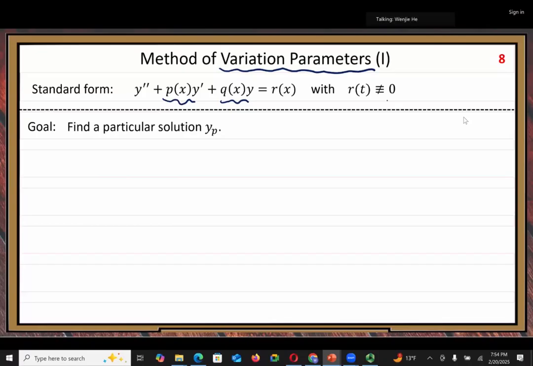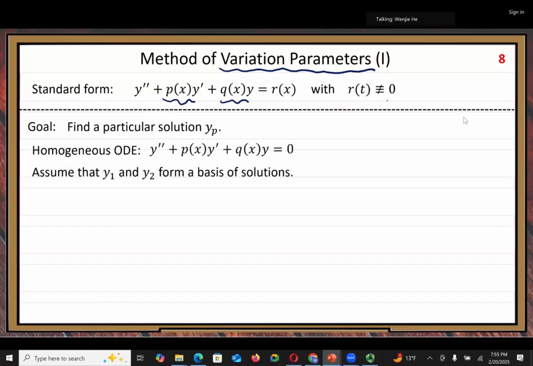First you need to look at the homogeneous equation, where we assume we can find y1, y2 forming a basis of solutions. These are the techniques we learned before. So then y1, y2 are available.